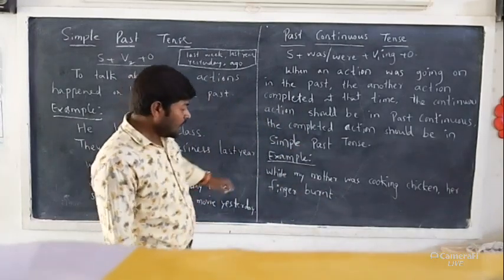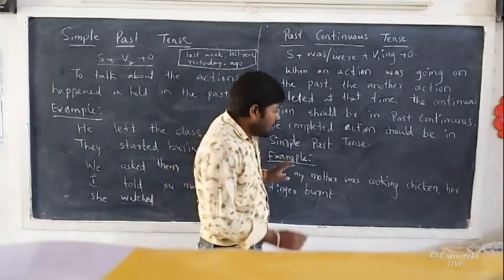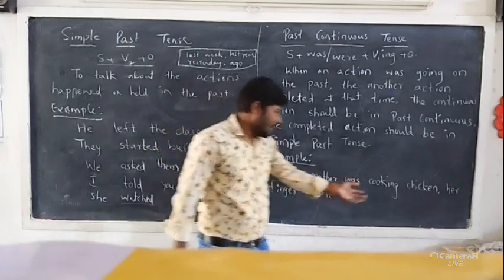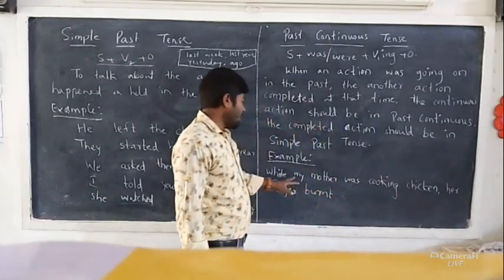Here, two actions completed and one action which is before the comma.